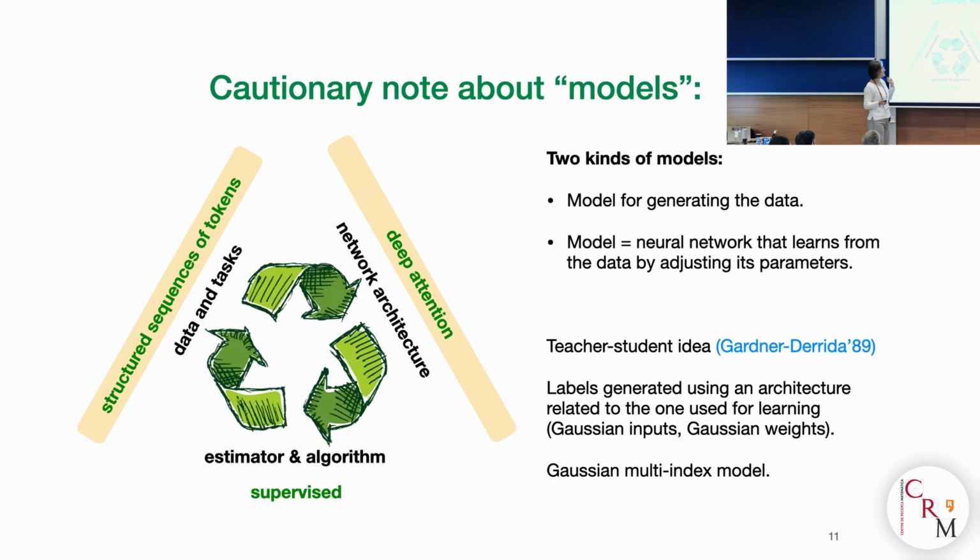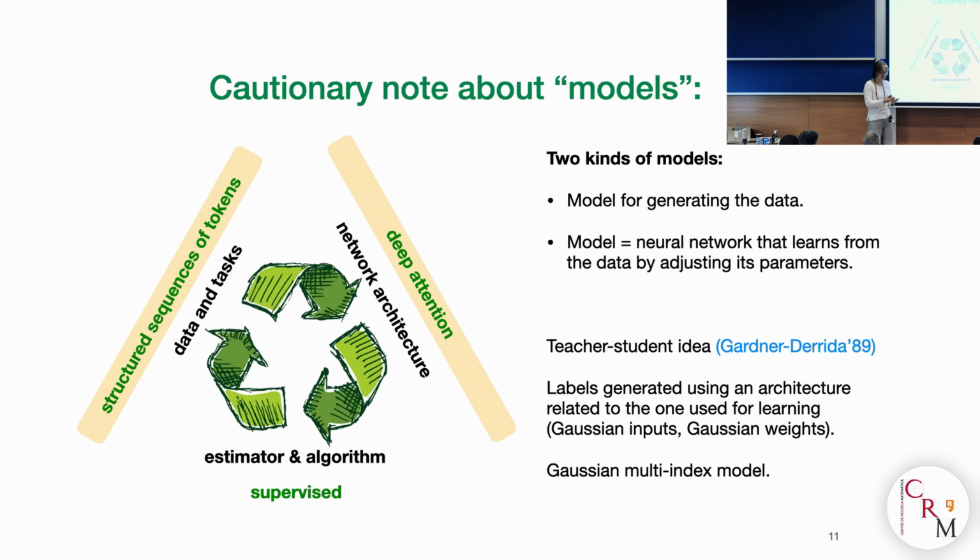What makes it sometimes confusing to distinguish the two in my talk is the following idea that comes from papers in the 80s, the teacher-student idea. When you ask what is actually a good model for the data, there are many options for toy data on which you can analyze something. And this idea that is very influential in the field is to take the inputs completely unstructured, and take a ground truth neural network that we call teacher, again unstructured in the sense that all the parameters in there are just Gaussian random numbers, and generate the outputs with that.